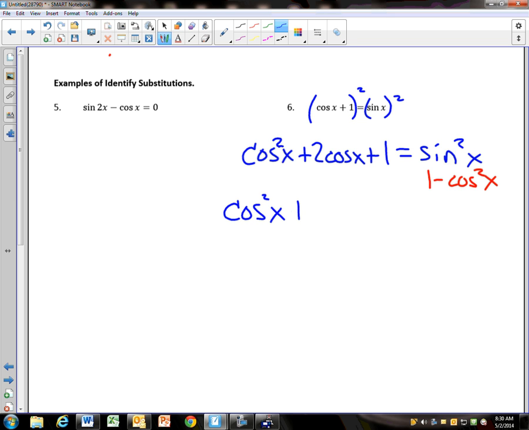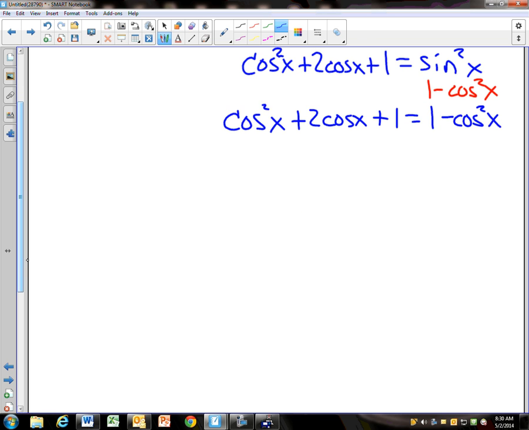Cosine squared of x plus 2 cosine of x plus 1 is equal to 1 minus cosine squared of x. What do you subtract from both sides? 1. That goes away. Add the cosine squared.